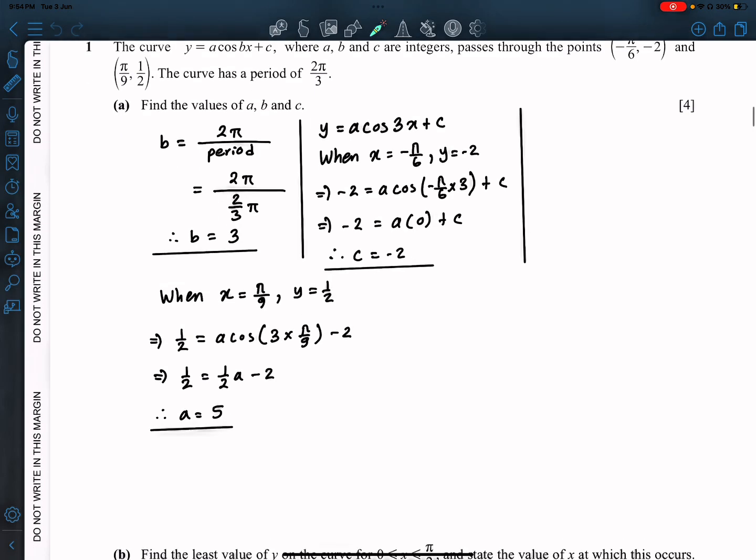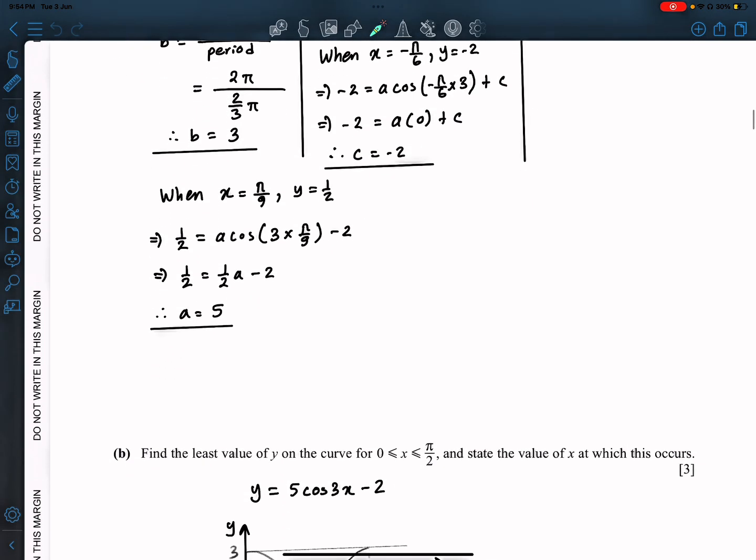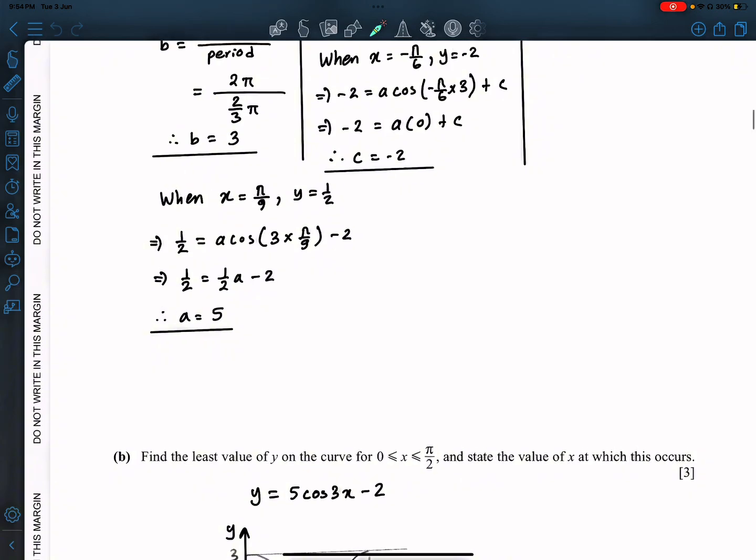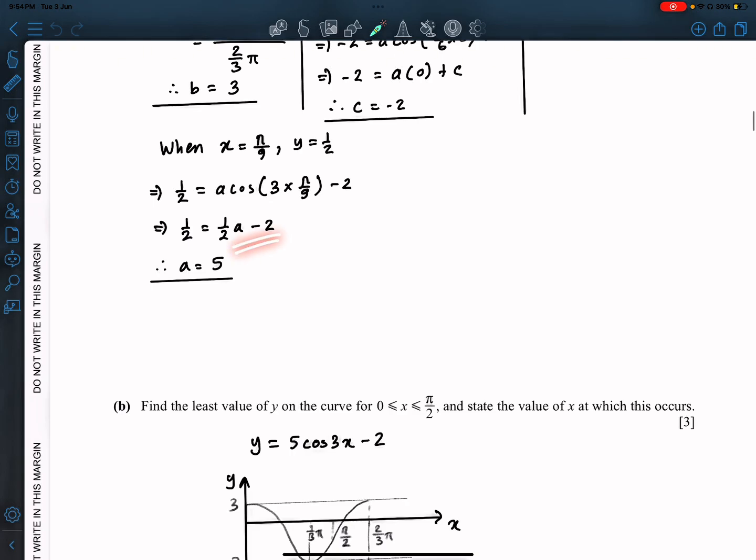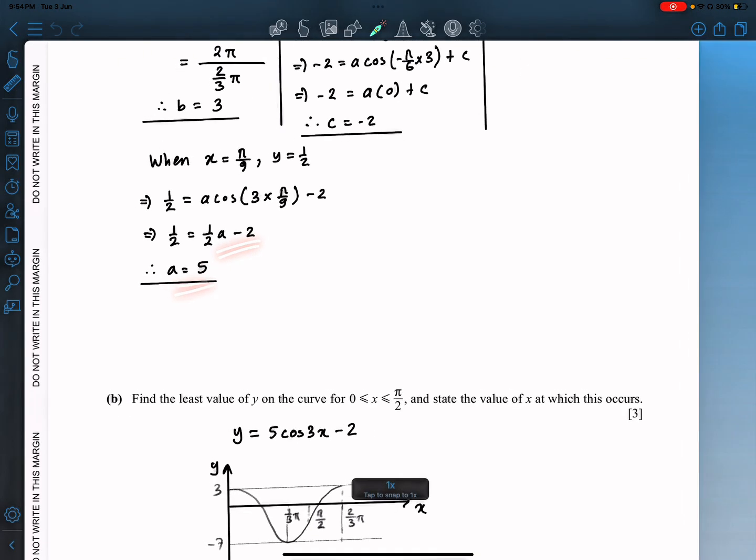Once we are done with that, we input the value of c. C is found to be minus 2, and a is unknown, y is equal to half, and b is equal to 3. Once we input all of those values and subject a, we find a to be equal to 5.